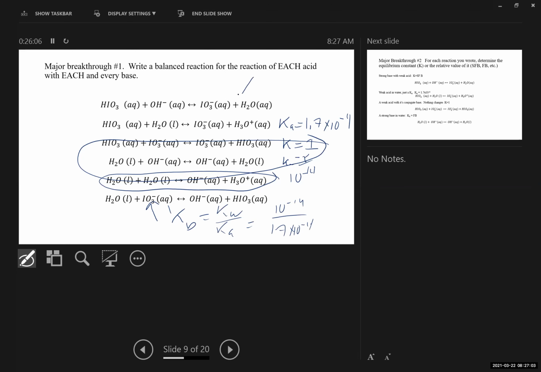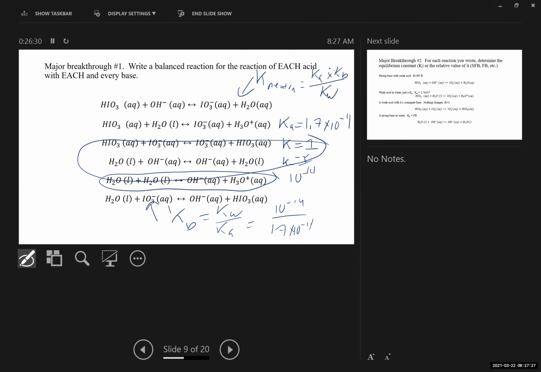And then up top, what kind of reaction is that? Yeah, that's technically a neutralization reaction. How do I get the K of that? Yeah, the Ka of the acid times the Kb of the base over Kw.